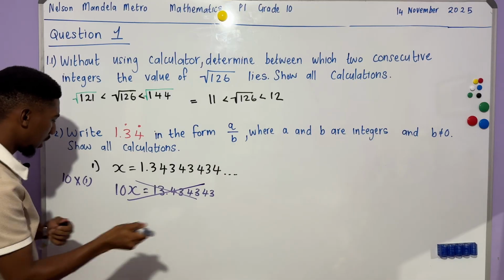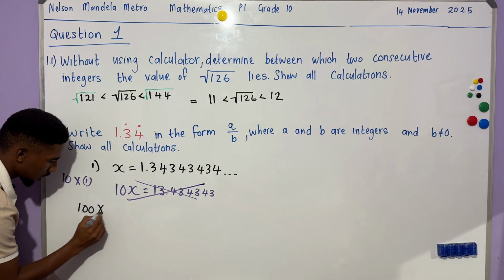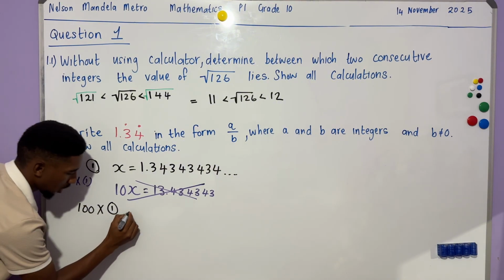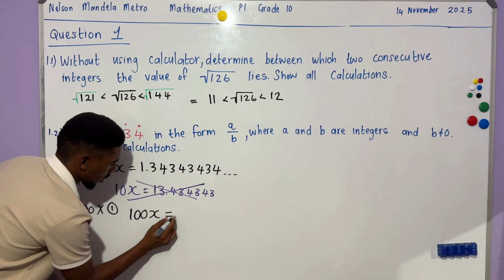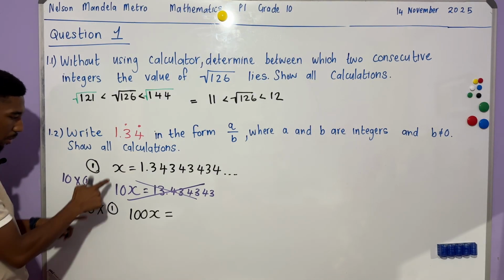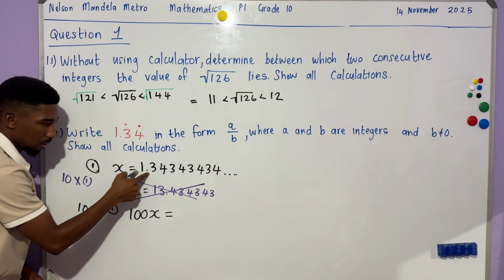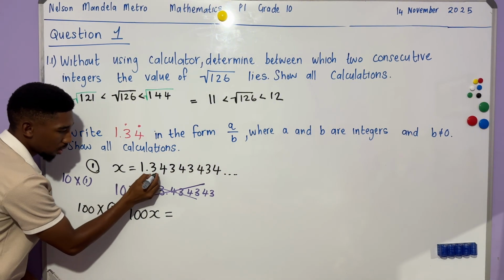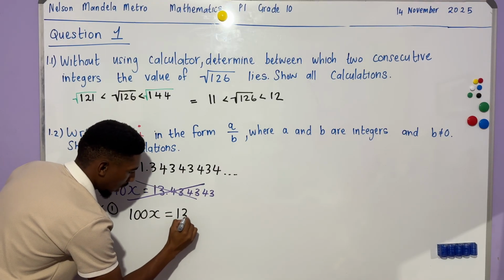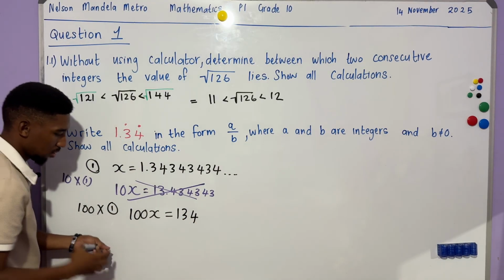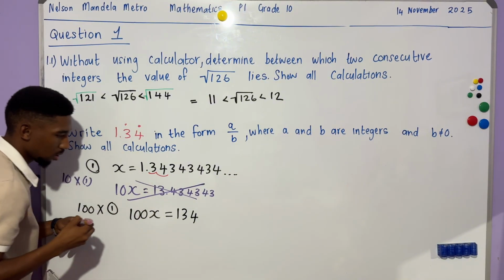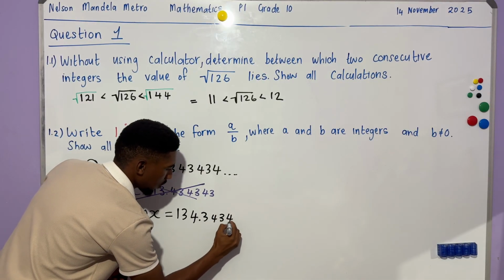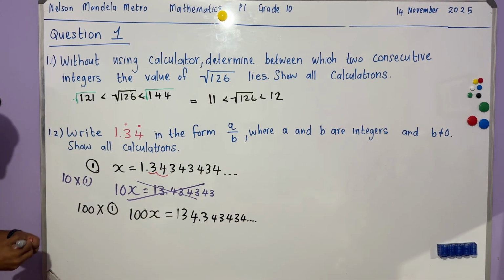Let us try to then multiply 100 times equation 1. Then we have 100x equals, and when we multiply x by 100, we multiply the decimal as well by 100. Because there are two zeros now, the decimal point moves twice. So now I have 134.343434, and it carries on.